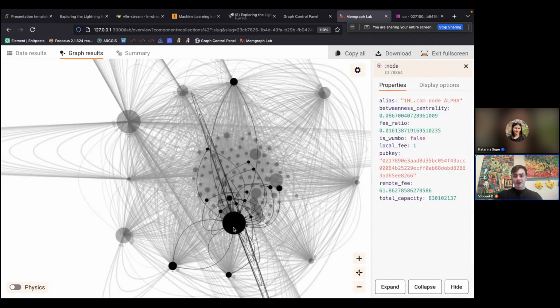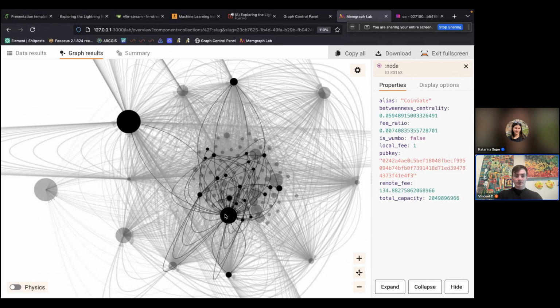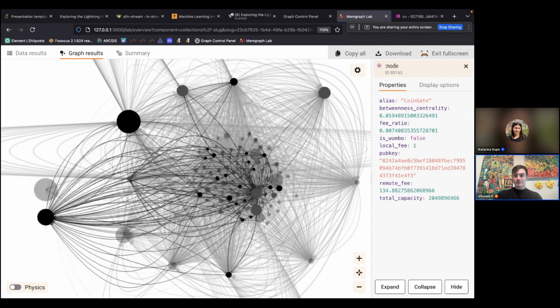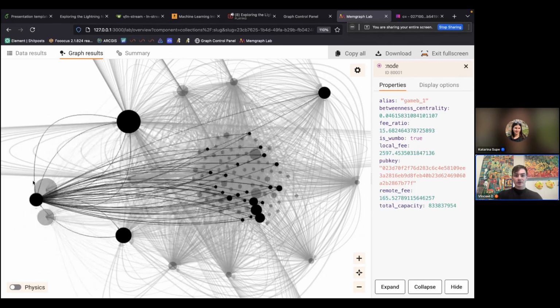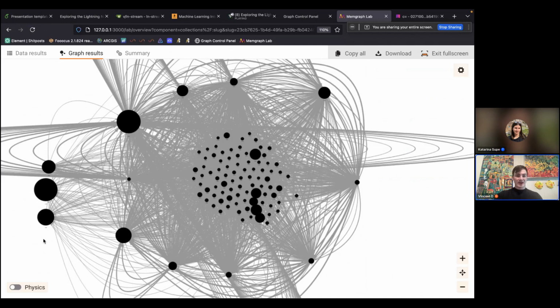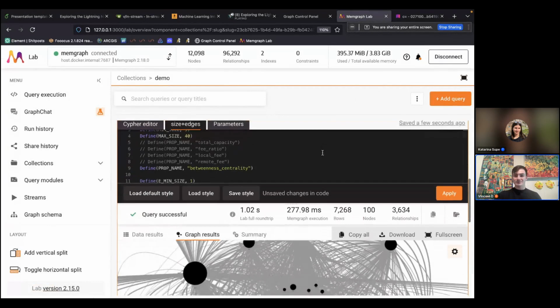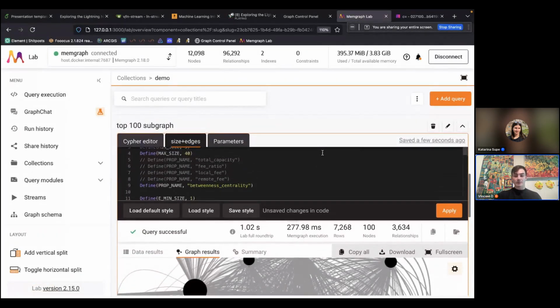So that might tell you that this node, or maybe this node, are nodes that are provisioning their capacity in a way that increases their betweenness centrality. And that might indicate that they're intelligently operating the network and might provide routing opportunities for you, for example.